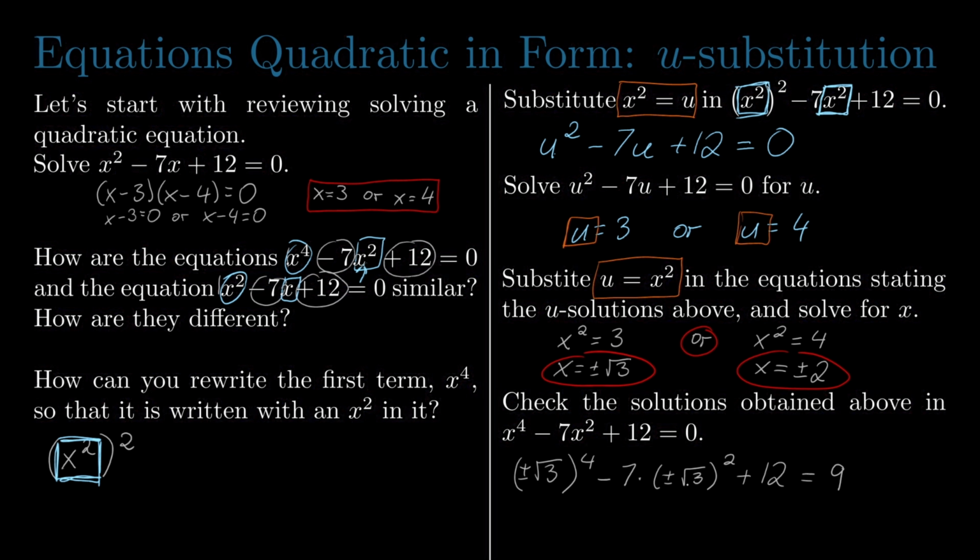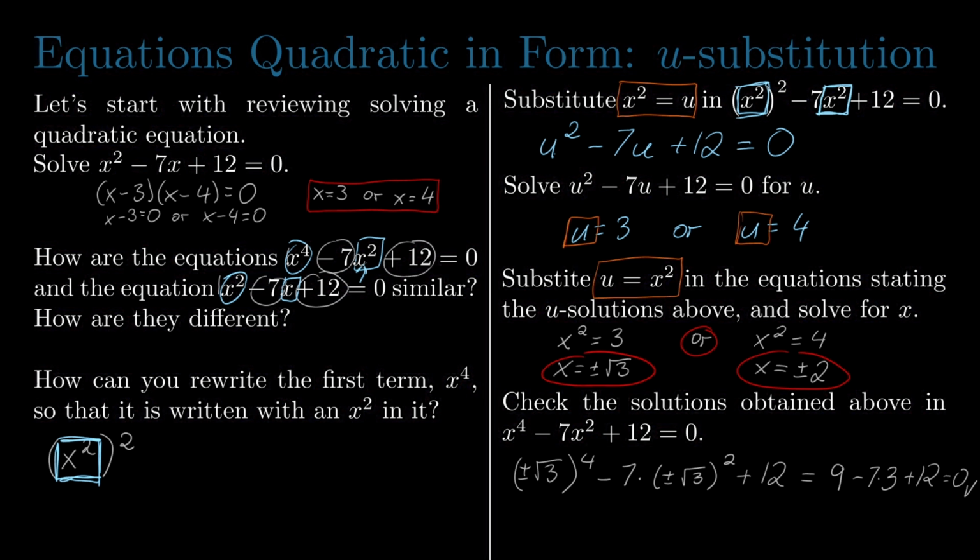Then, as I already said, square root of 3 squared is just 3, so we'll have minus 7 times 3, and then we have plus 12. Now, 7 times 3 is 21, 9 minus 21 is negative 12, and negative 12 plus 12 is indeed equal to 0, the right-hand side. So plus or minus the square root of 3 is indeed a solution to our original fourth degree polynomial equation.